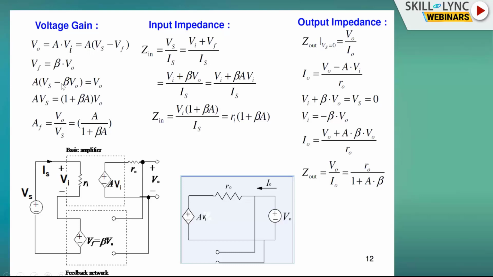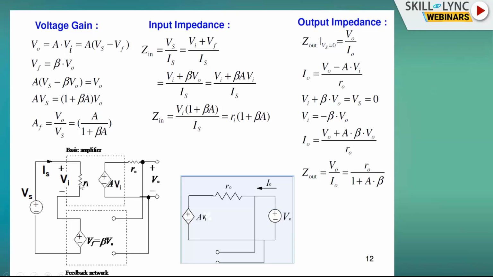Therefore, AVs is equal to 1 plus beta A, into V0. So V0 by Vs is equal to A by 1 plus beta A. This is the closed loop gain of the voltage amplifier. So V0 by Vs is equal to A by 1 plus beta A.